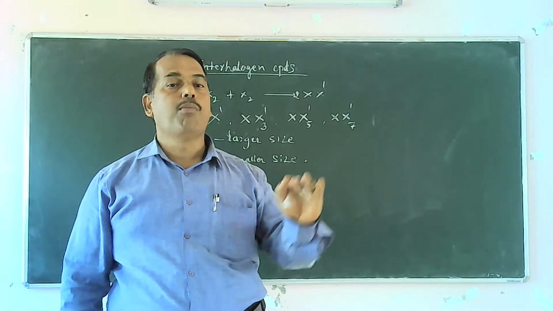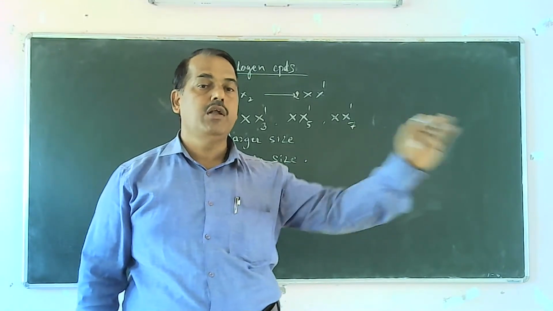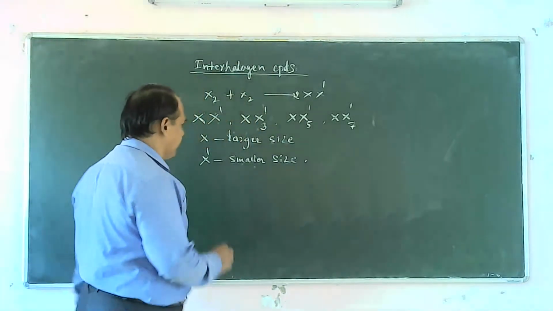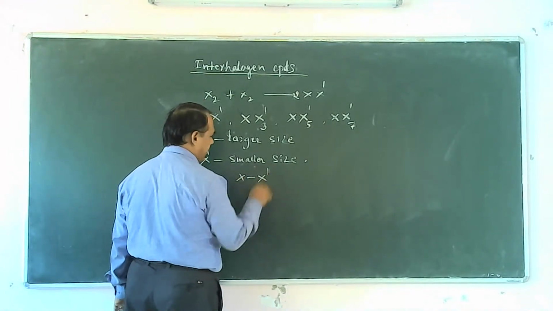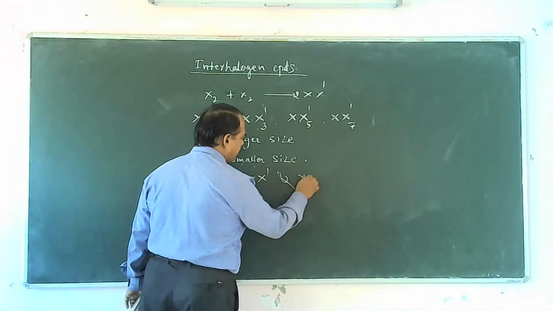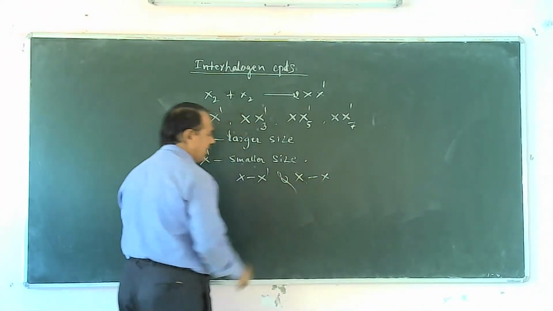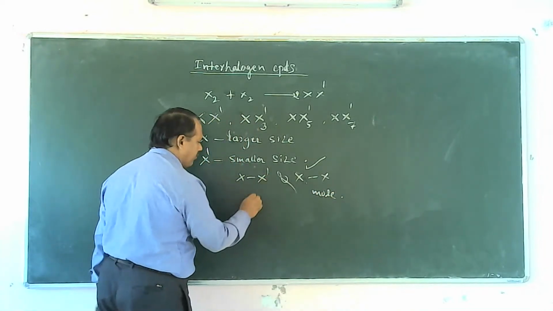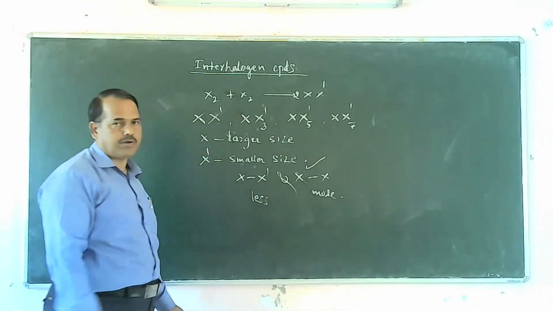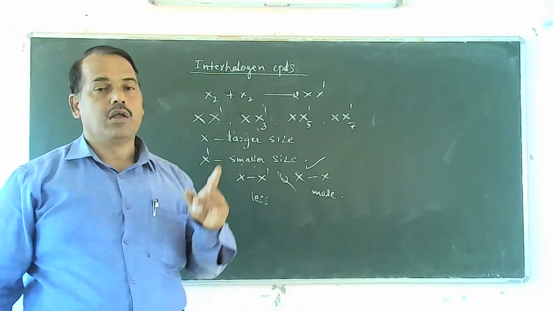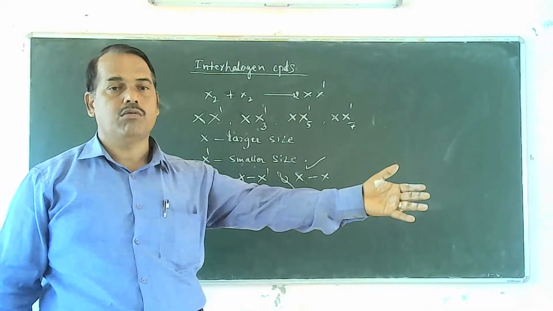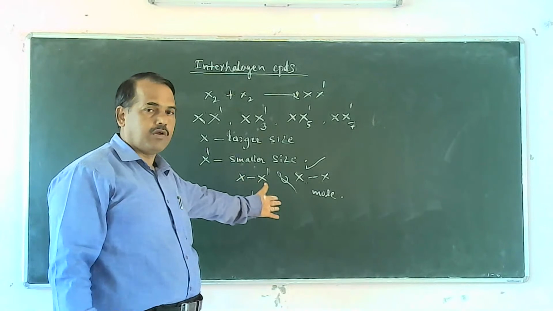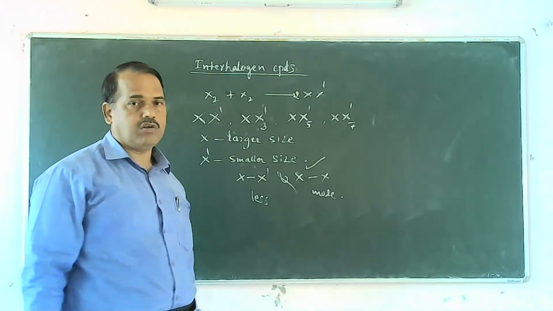It is due to the low bond dissociation enthalpy of interhalogen compounds. The bond dissociation enthalpy of X-X' is less, and of X-X is more. Therefore, interhalogen compounds are more reactive than their elements.